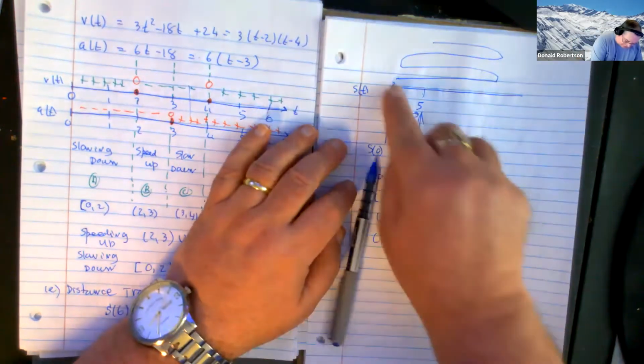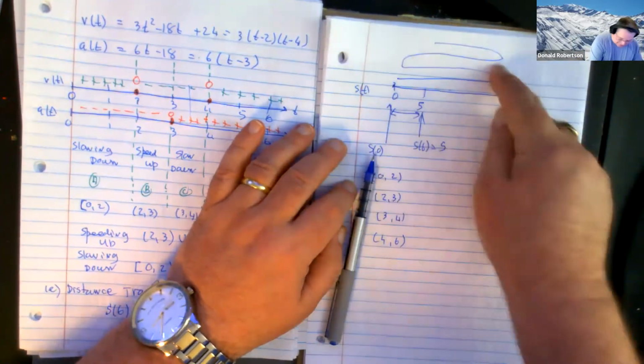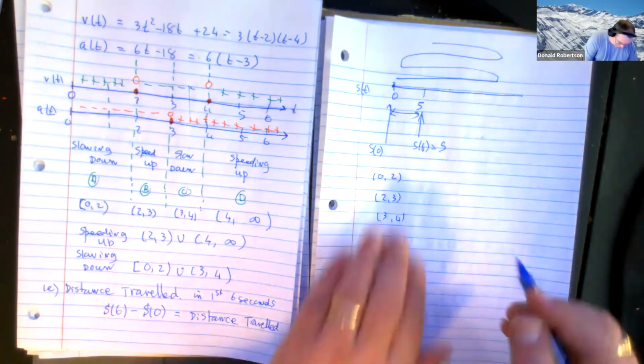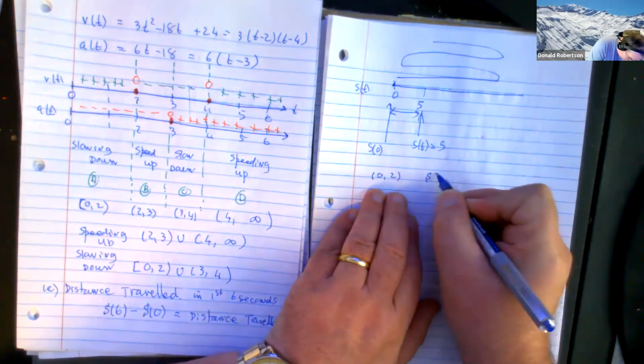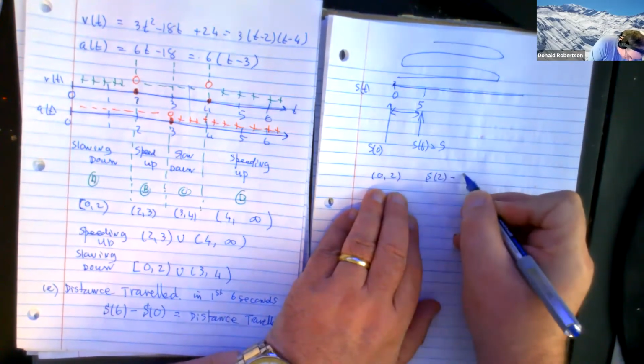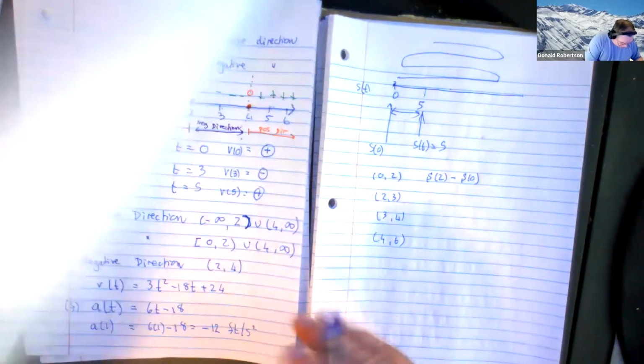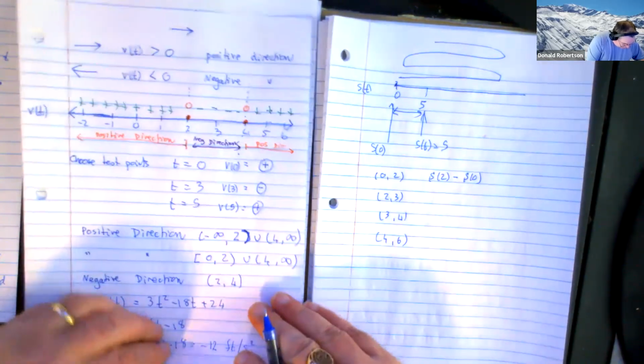I'm trying to find that bit, then that bit, then that bit, and then that bit. I'm going to get the answers to each of them, and then you add them up. So the position at the 2 second mark, take away the position at the 0 mark.